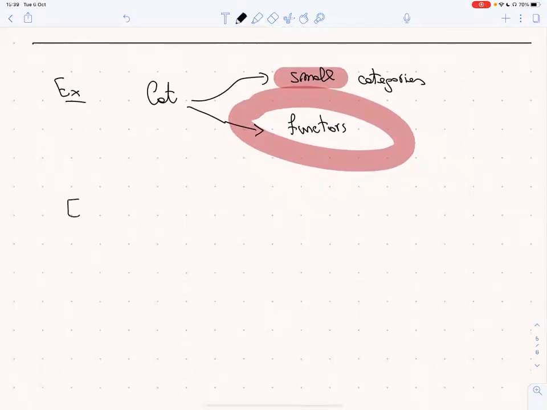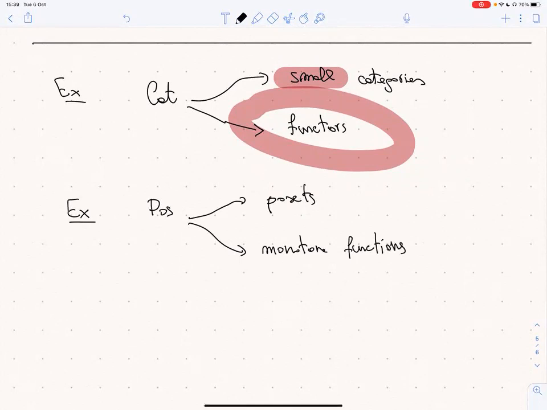Another example, which is very important, is the category Pos, whose objects are posets and morphisms are monotone functions. And this example obeys the previous family of examples, the easy one, so I will not comment on it anymore.